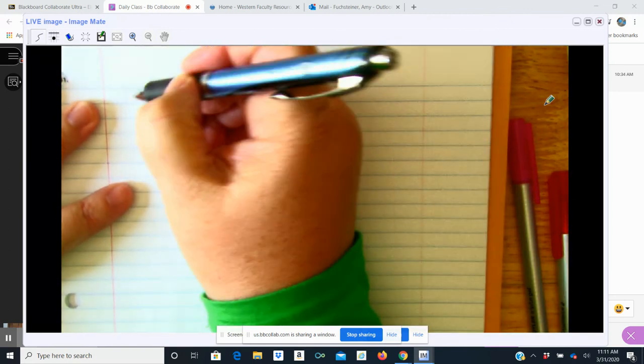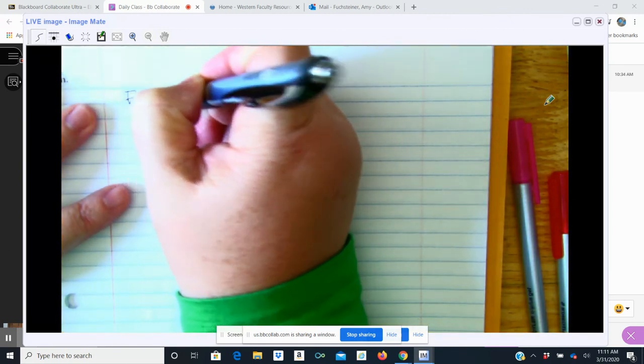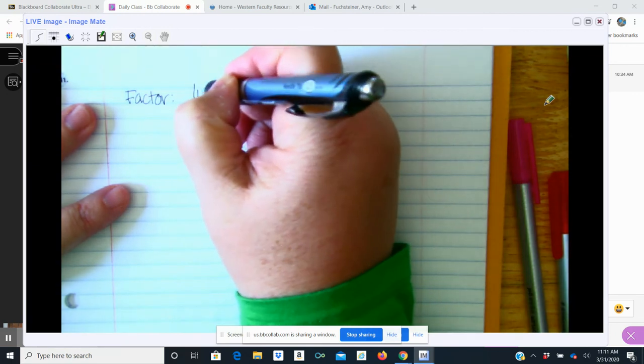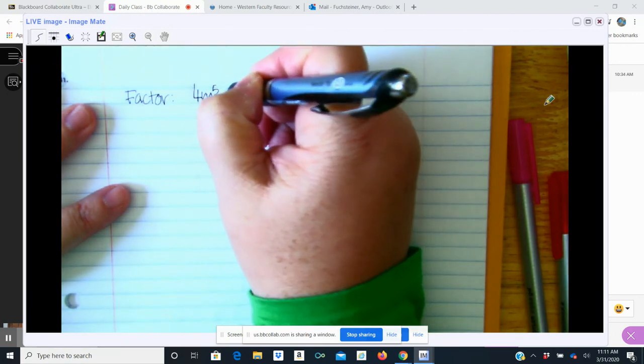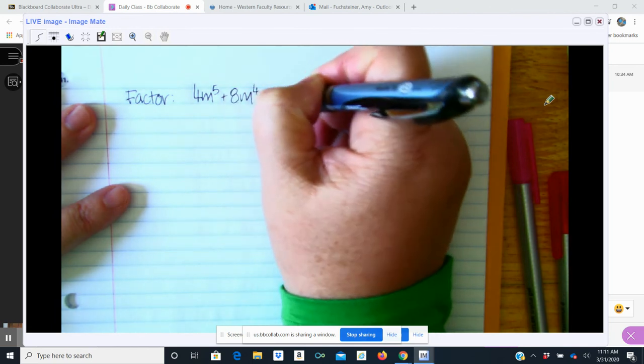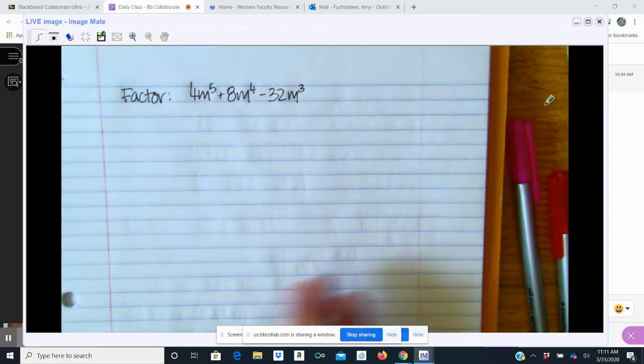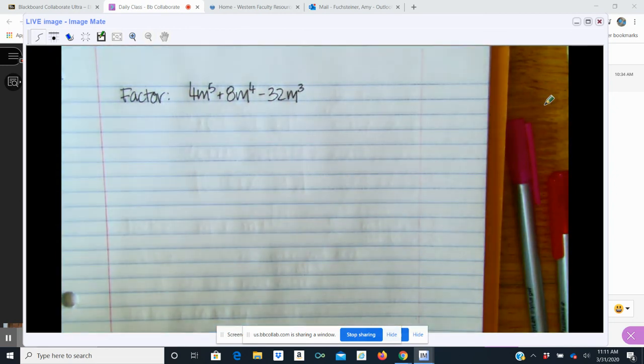So yeah, sometimes it may just say factor. And then it might have something like a 4m to the 5th plus 8m to the fourth minus 32m cubed. So if you see that, what's a clue that you might have to take something out first?